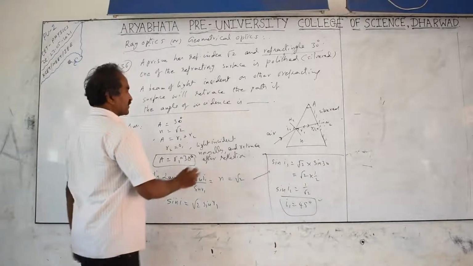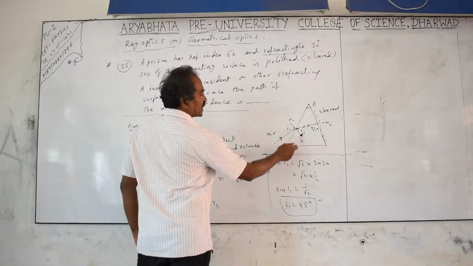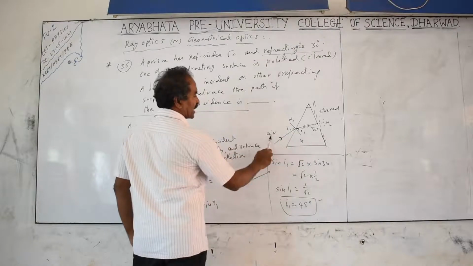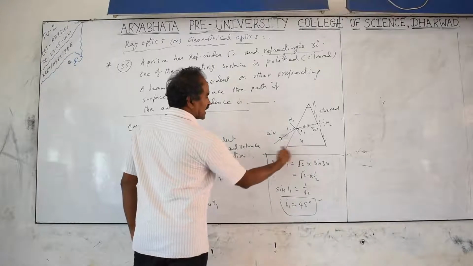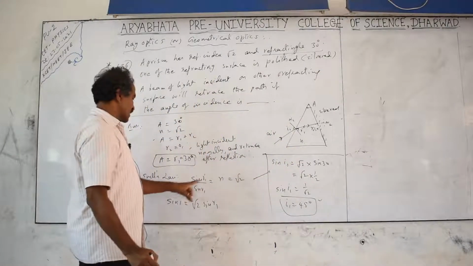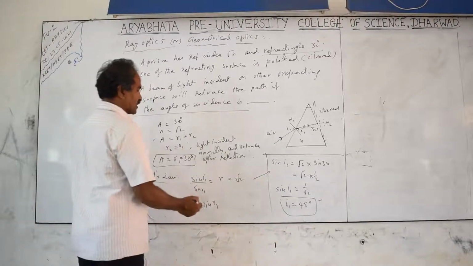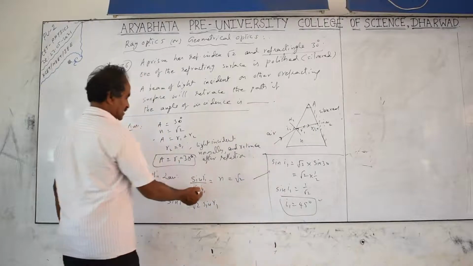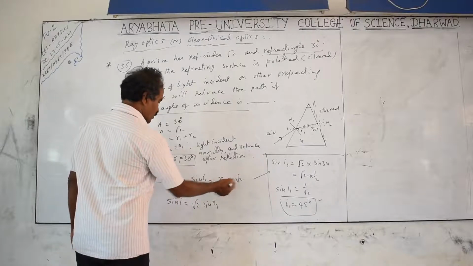Next, from Snell's law, sin I by sin R. If there is an I, R you can take, or I1, R1 we can take, that is left to your choice. So sin I1 by sin R1 is equal to N2 by N1. If any water is given, you take it as N glass by N water. Sin I by sin R equal to N of the material by 1, for the air approximately 1. That value is given as √2 refractive index, and R1 is 30 degrees, therefore sin I1 is equal to √2 into sin R1.